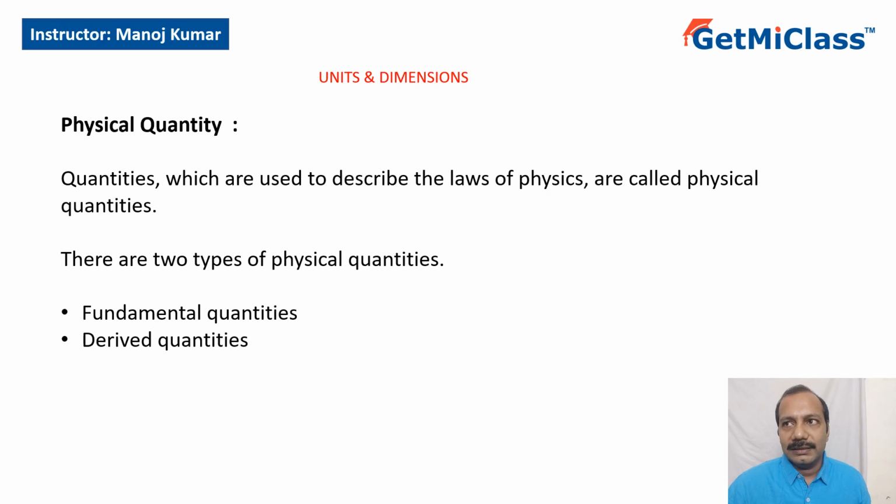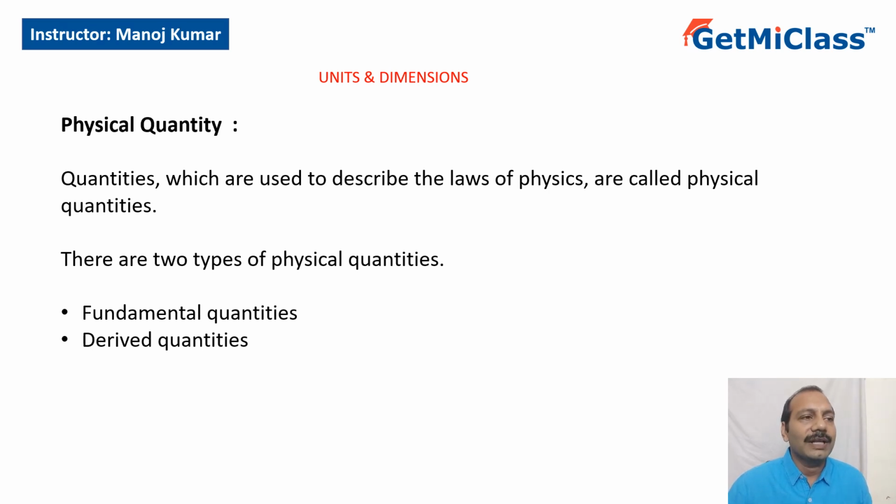Similarly, height of table is a physical quantity, density of a table is a physical quantity. Am I a physical quantity? Again, I am not a physical quantity, but my mass is a physical quantity, my height is a physical quantity. Whatever you can measure, that's a physical quantity.